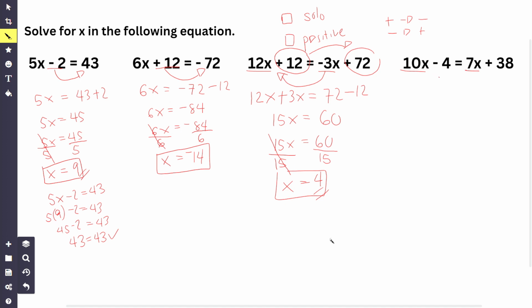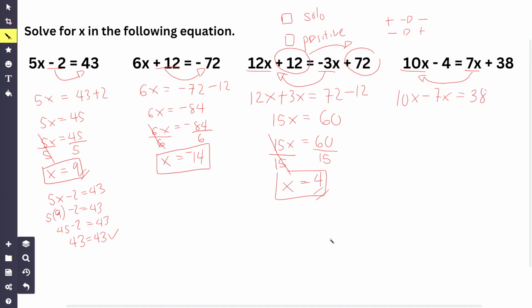That's all right. However, my advice is, please make the smaller value adjust. So here, 10x and 7x. 7x is the smaller one, so make it adjust. So now we have here 10x. 7x will become negative 7x equals 38, which doesn't have x, so let it be retained on the right side.